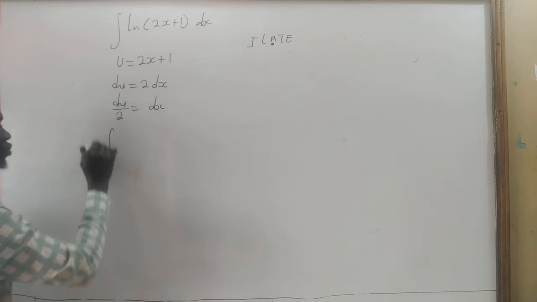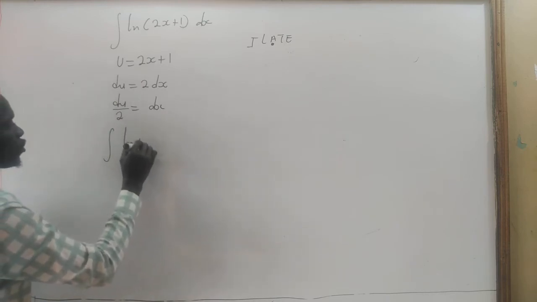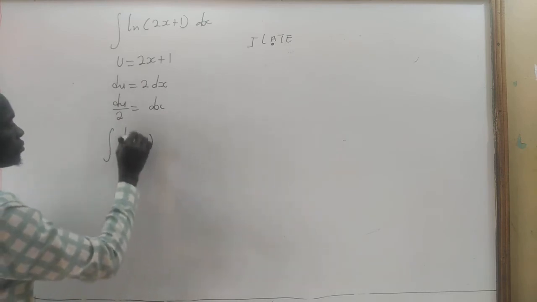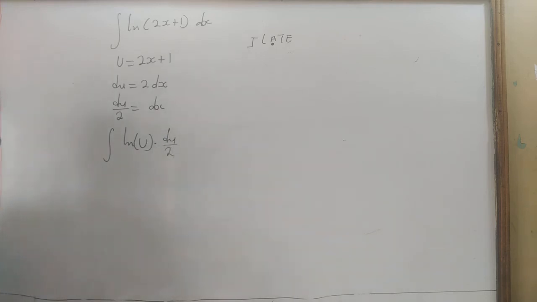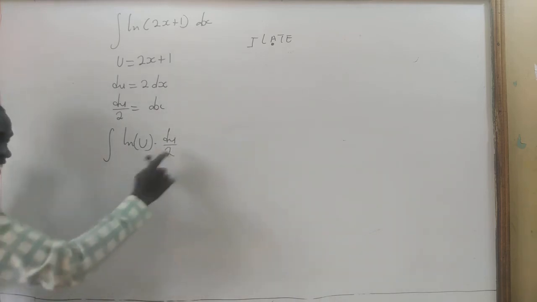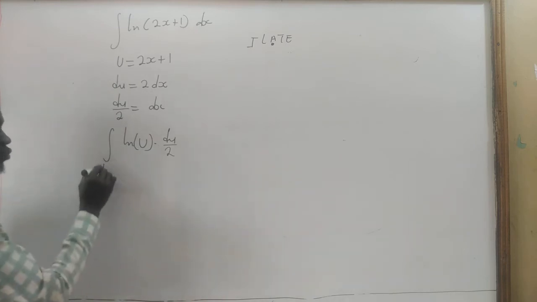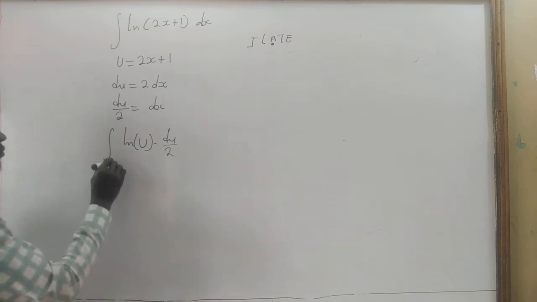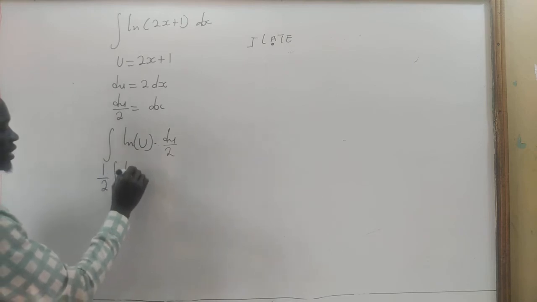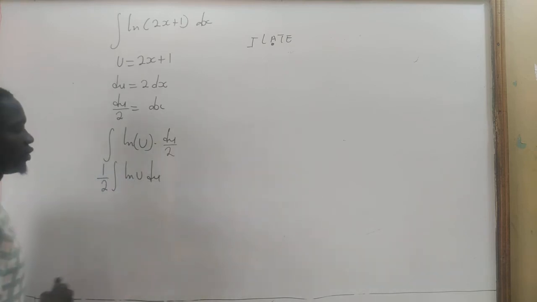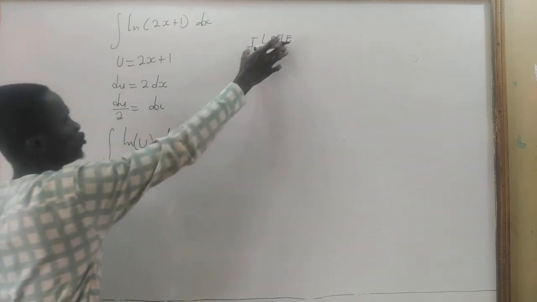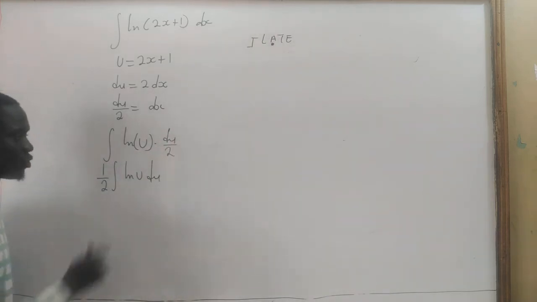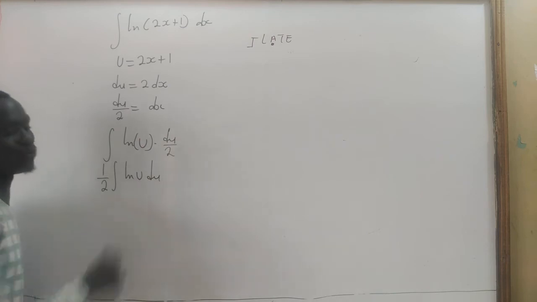So this one will now change to the integral of natural log of u times du on 2. And now we can factorize 1 on 2 out to get 1 on 2 times the integral of natural log of u du.